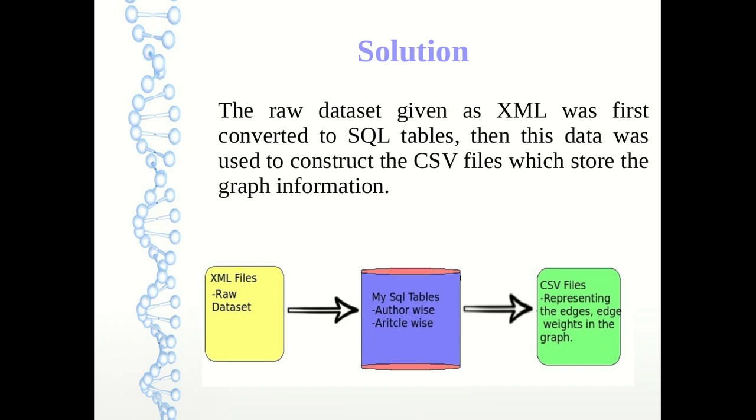In the article-wise table, we organized the data in the form of an article ID, the title of the article, the year in which it was published, and the journal in which it was published. The author-wise table contained details of which author has published which article. These tables were processed and then converted to CSV files which we use to create graphs.